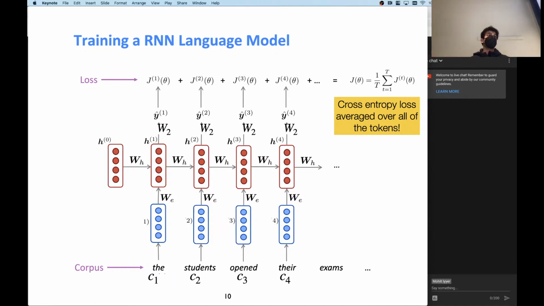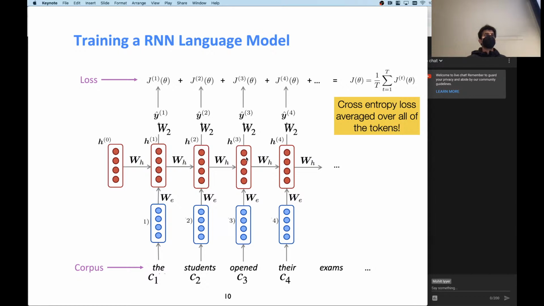left to right processing of the sequence. If you didn't do this, then you'd have to put in the sequence the students and use the last time step to predict opened. Then you'd have to put in a new sequence, the students opened, and predict the next word. But this is a complete waste, right? Because you already have all these hidden states.